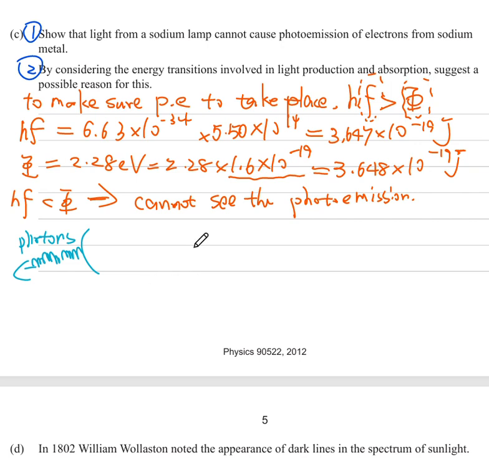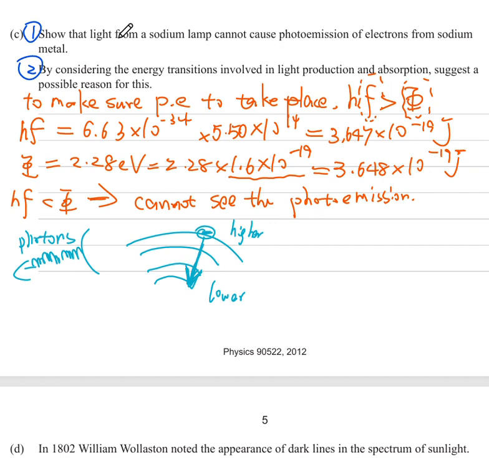Why can it do that? Because the electrons of the sodium atoms can fall from a higher energy level to a lower energy level, and release some energy. This energy is your photon energy, so that we see photons coming out of this light.